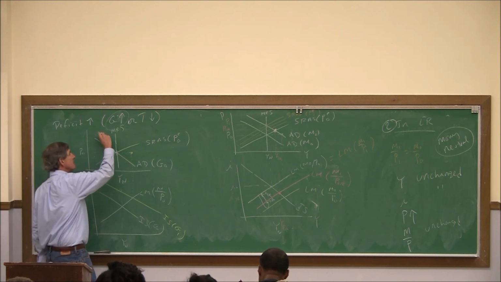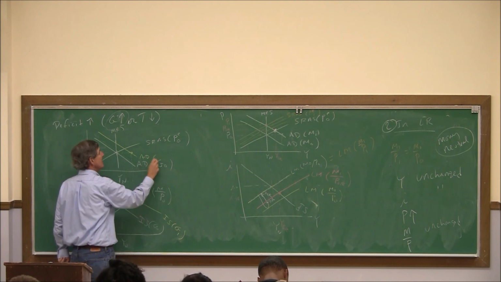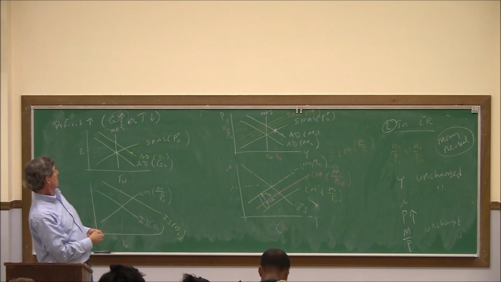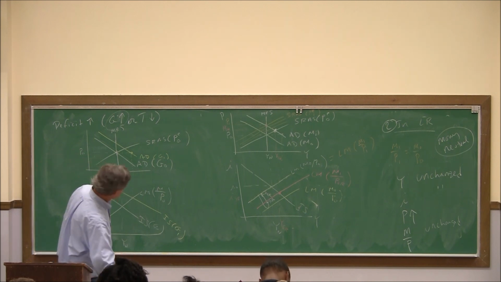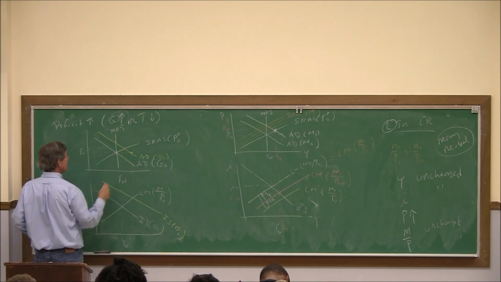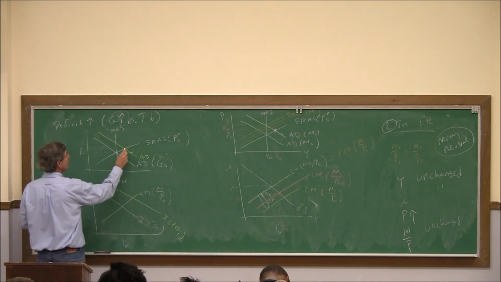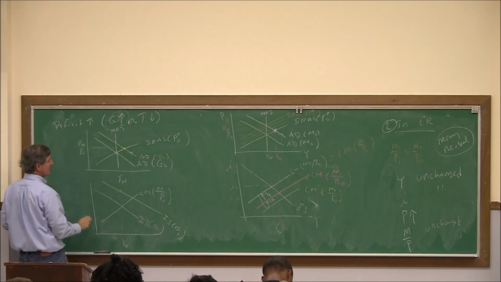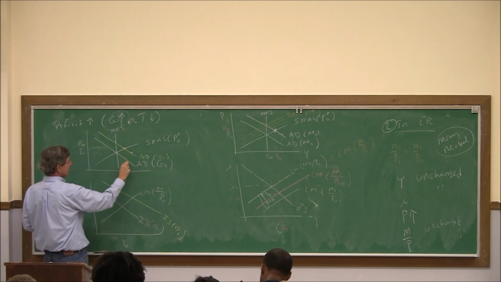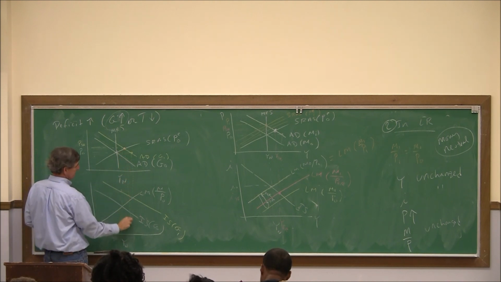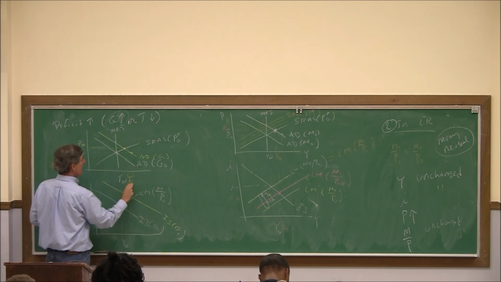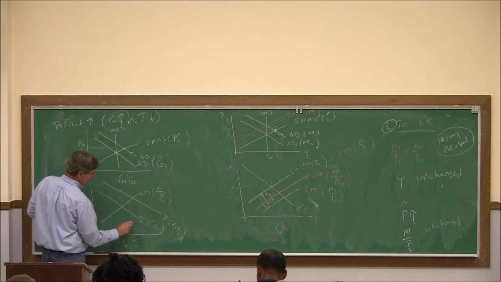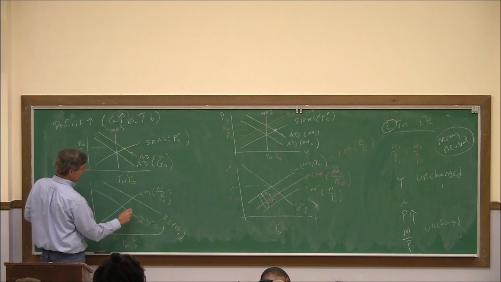So the aggregate demand curve shifts out to AD G1. Then the price goes up a little bit, and we end up here at this short run price, P short run. And then drop this down. That's the short run output right there. And that tells you where the LM curve hits the new IS curve.